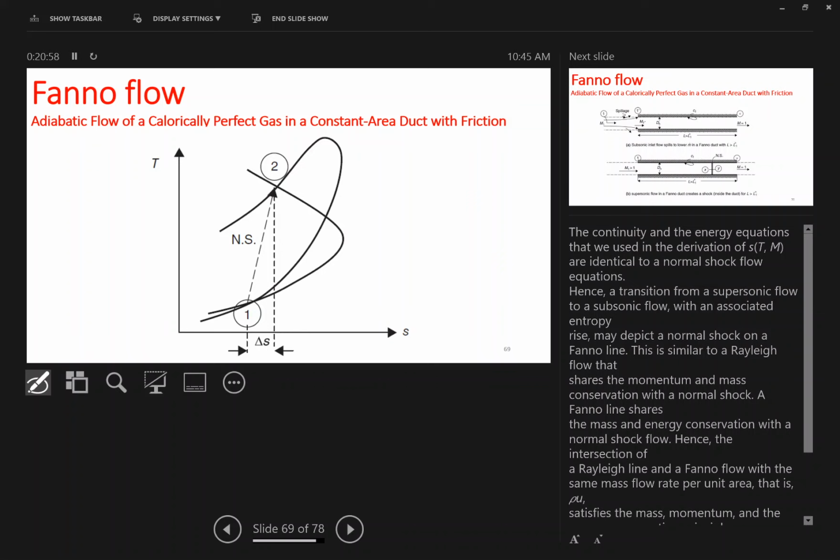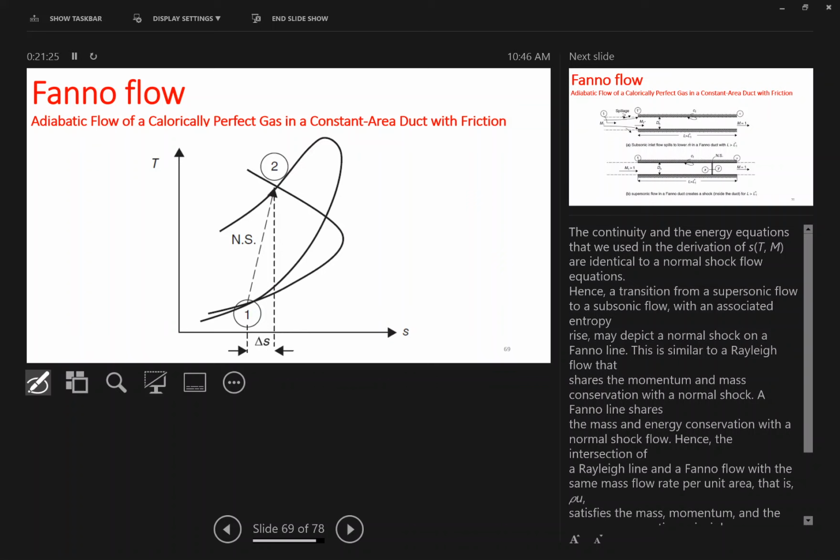And you can actually use the TS diagram for the Fano flow. This one is the Rayleigh line, right? This one is the Fano one, right? You can use this TS diagram to calculate the shock properties for a specific type of flow. Shock properties before and after a shock, downstream and upstream of the shock.